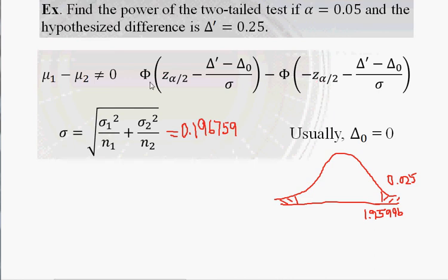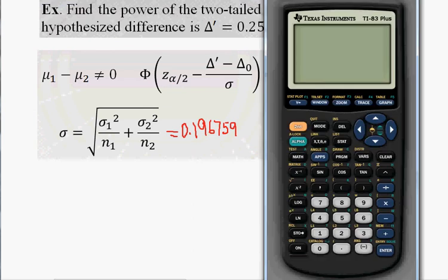Okay, so this formula here, let's work out what the entries are here in the parentheses. So 1.95996 minus delta prime minus delta sub 0, which is 0.25, divided by the standard error, which was 0.196759.